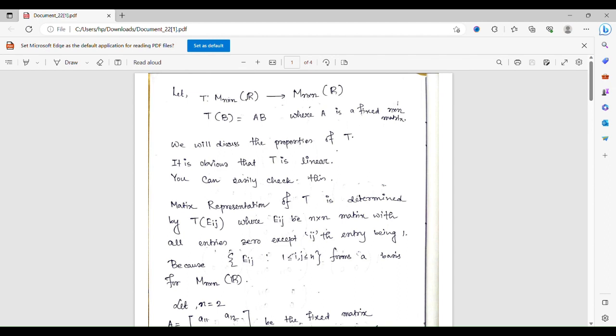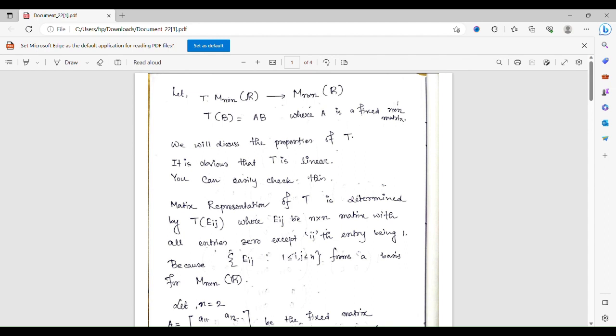Since T is linear, the matrix representation of T is completely determined by T of Eij, where Eij is the n cross n matrix with all entries 0 except the ijth entry being 1.